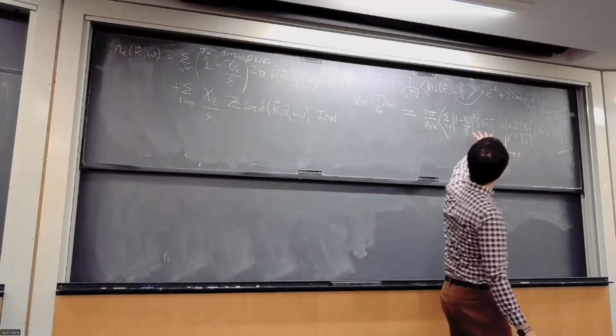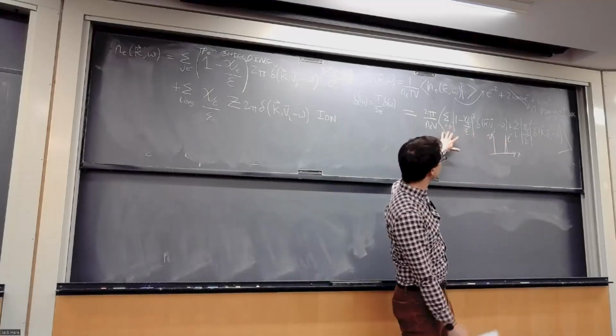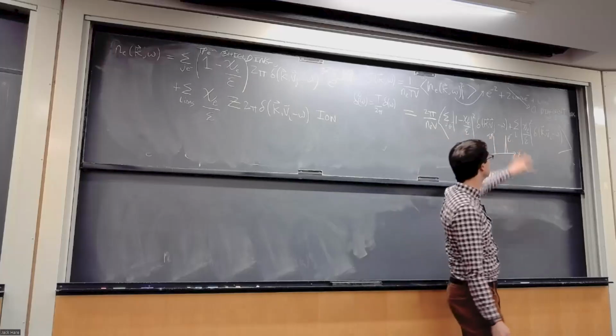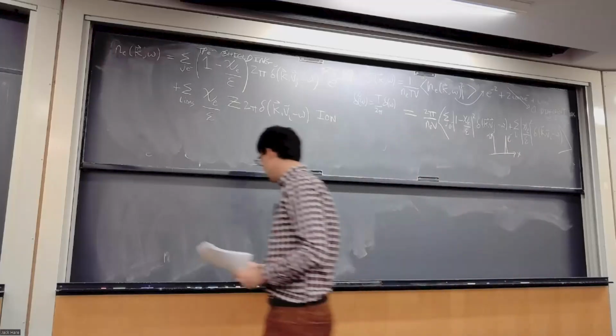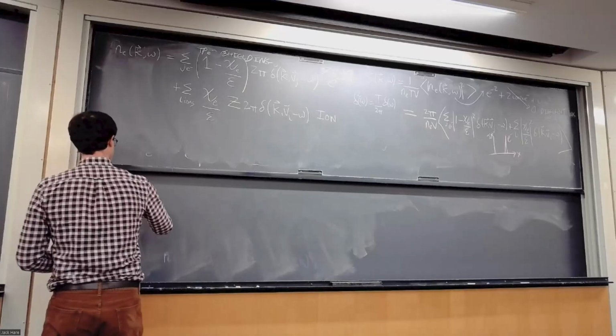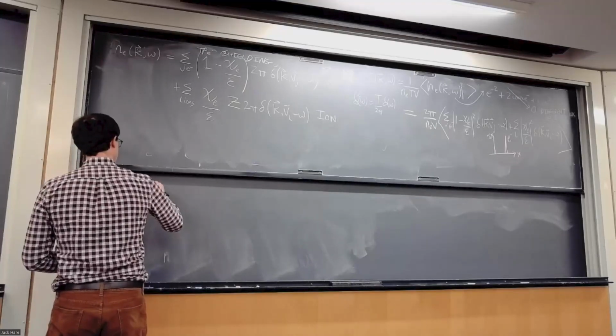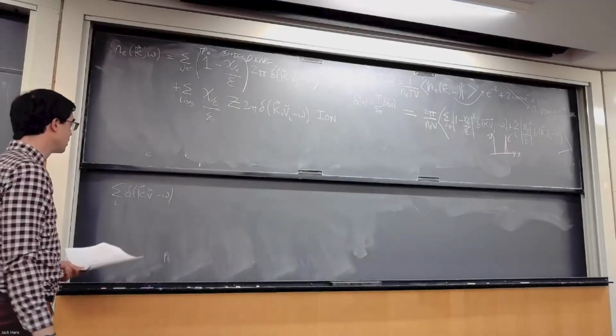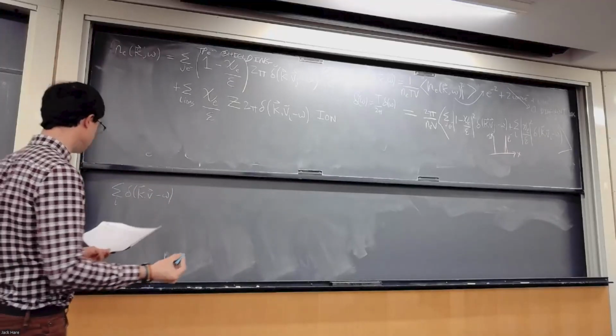This still does not look very usable because we're summing over like 10 to the 23 or whatever electrons in our system. So this is a difficult sum to do. But you must have spotted this and thought, okay, if I'm doing a sum over a load of particles, delta of k dot v minus omega, this is looking an awful lot like my Klimontovich distribution again.